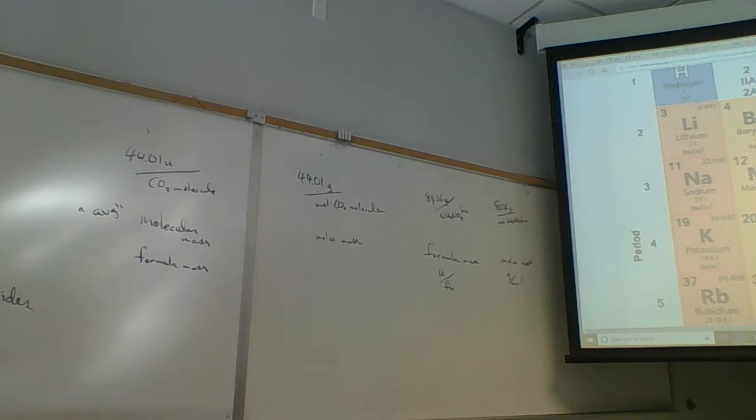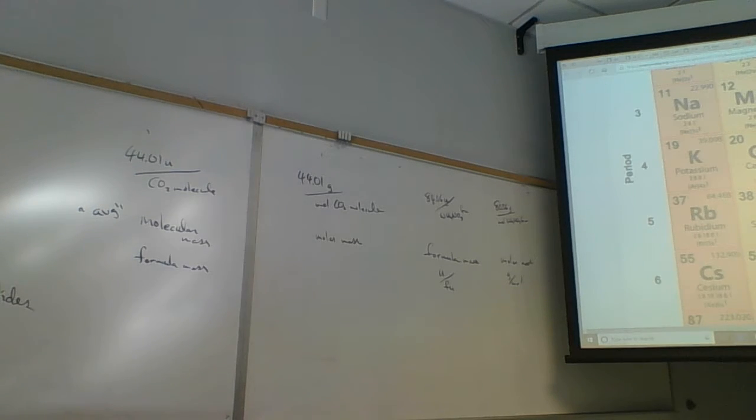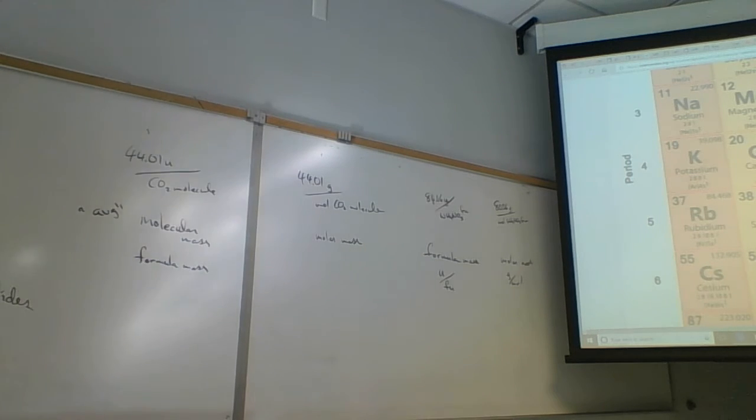The second family is called the alkaline earths: calcium, magnesium. What should I put down as the mass of calcium? Should I use 40.078? No, I'm going to use 40.08.